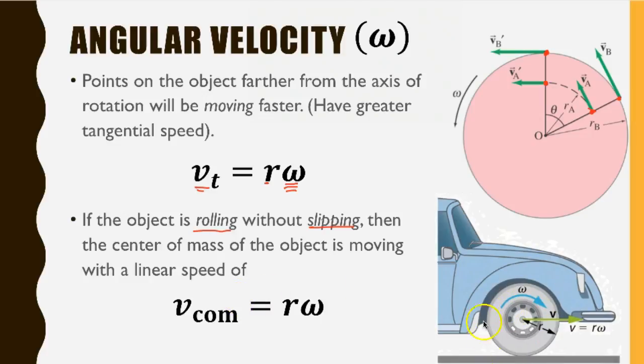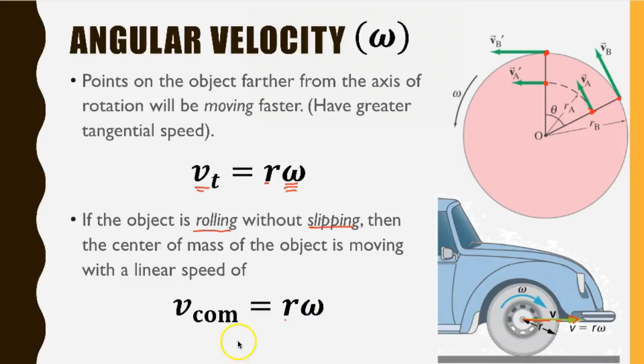So for this tire, as it rotates, the car and the wheel are moving to the right. The translational velocity, v, is equal to r, the radius of the rotating object, times the angular velocity.